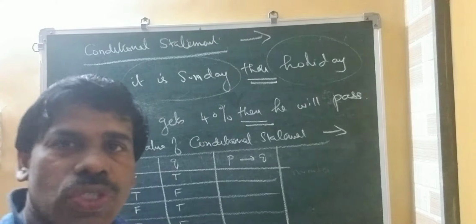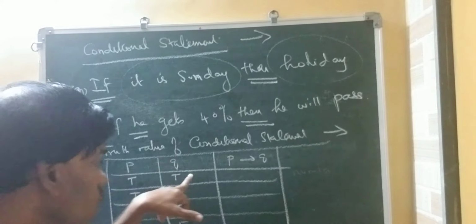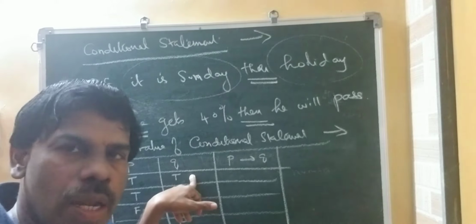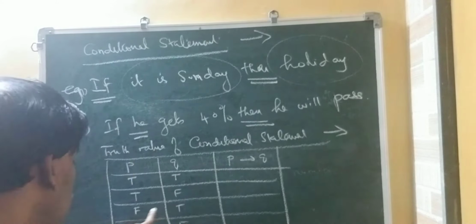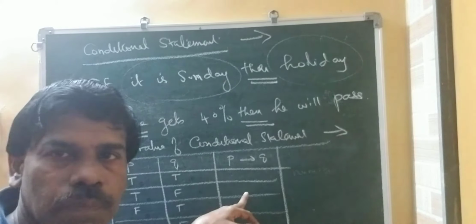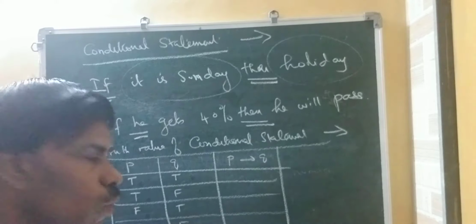See, if you have got two statements, what are the possibilities? First statement may be true, second also may be true. Another possibility, first is true, second is false. Third, first is false, second is true. Fourth, both may be false. Okay, these are the four possibilities.